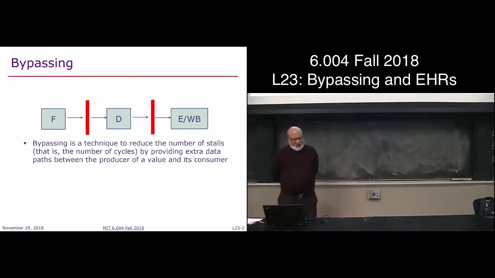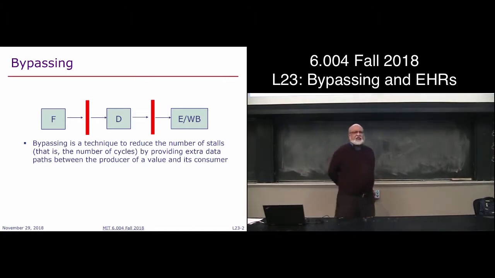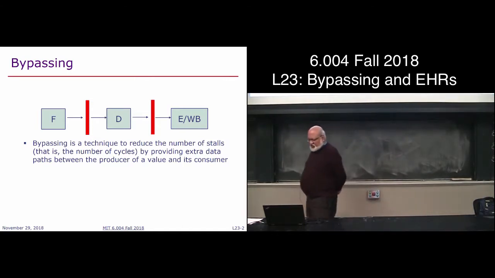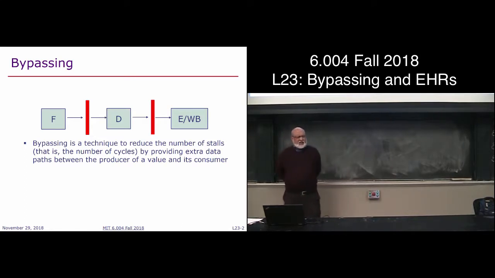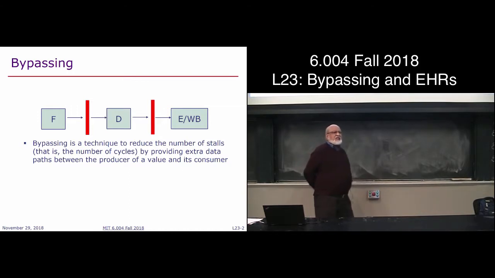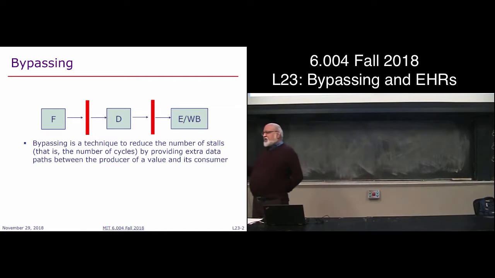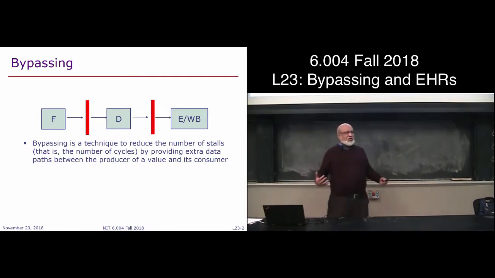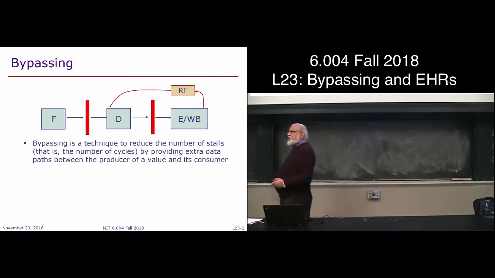Right, so bypassing, it's a big deal which has been emphasized to you in lectures by Silvina and Daniel. At a very high level, it's really an idea so that we can reduce the number of stalls. Something that takes multiple cycles can be done in one cycle if we can provide some way of connecting the producer of a value with the consumer of the value. So essentially, bypass, as the word implies, is providing a path, an extra path.